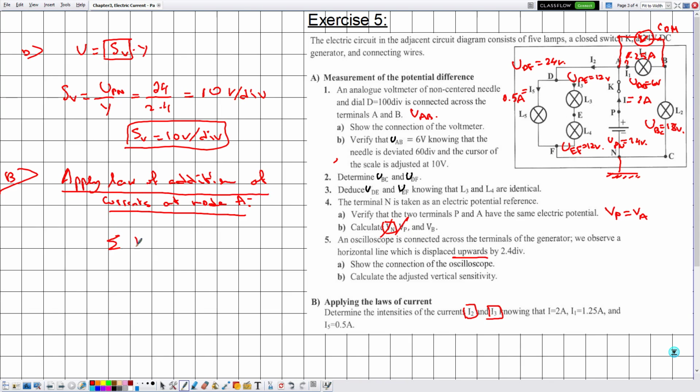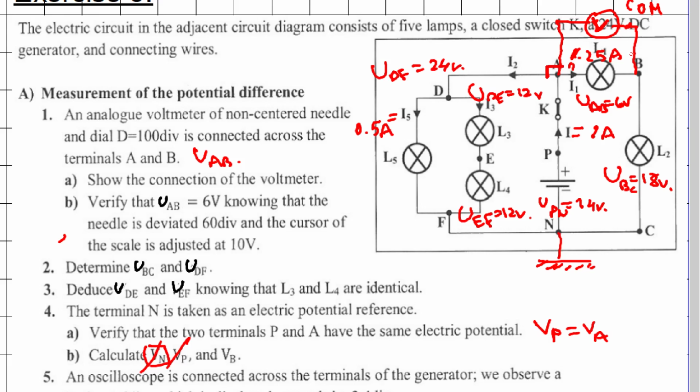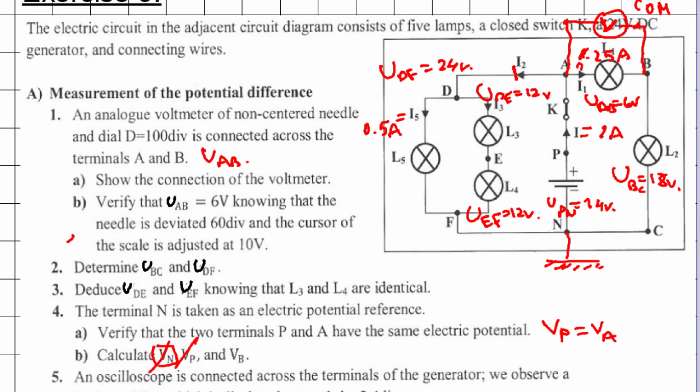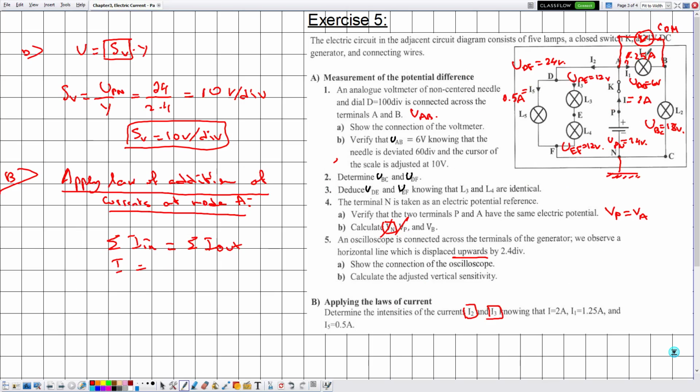So we have that summation of I in is equal to summation of I out. Notice that we are applying at the point A what are the currents that are entering the node, and what are the currents that are exiting or leaving the node. They are given by I2 and I1.